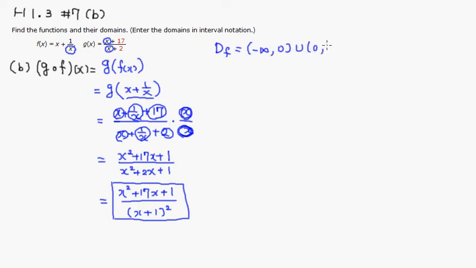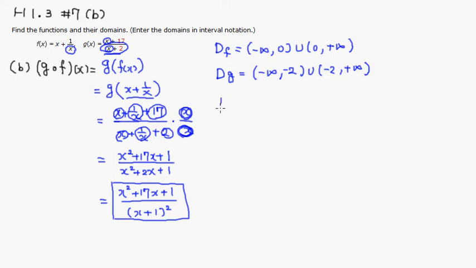Domain of g is similar, but when x equals -2 the denominator becomes 0, so we have to exclude -2. So domain of g is all real numbers except for -2, so -2 to infinity.